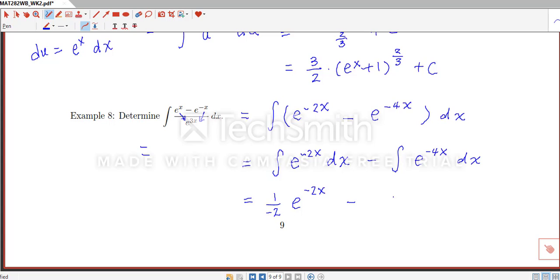For the second part, we also get e to the negative 4x, but in this case we gain a constant, 1 over negative 4, in the front. So to simplify, the final answer will be negative 1/2 e to the negative 2x plus 1/4 e to the negative 4x plus c.